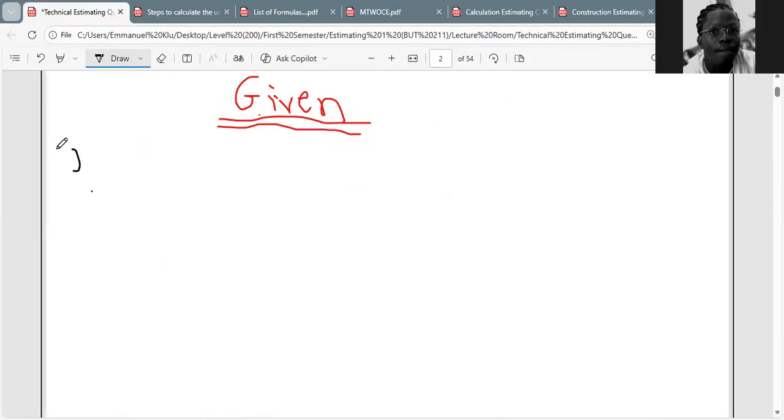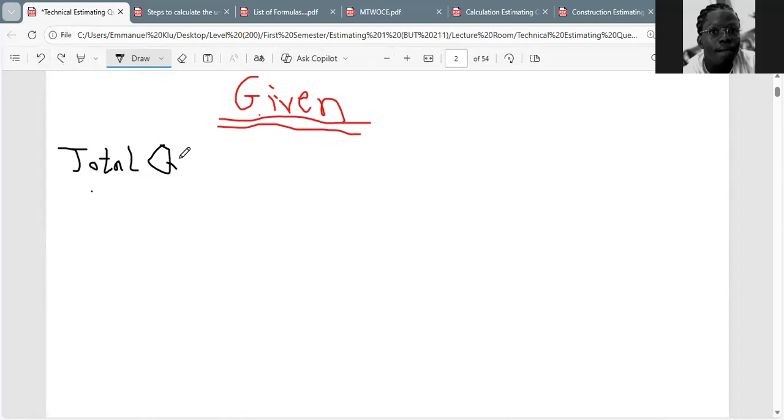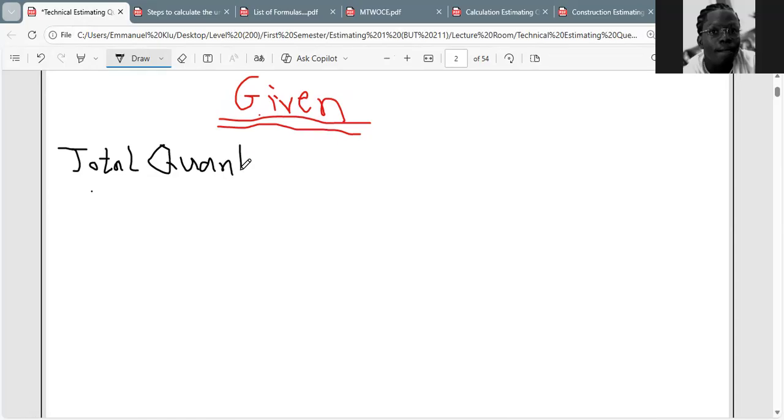So our total quantity is equal to 3 hectares.